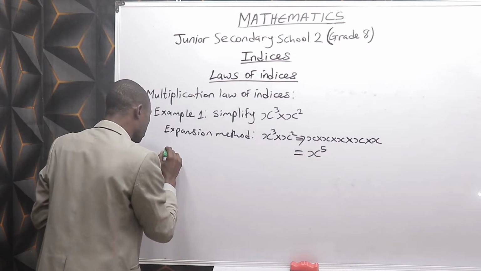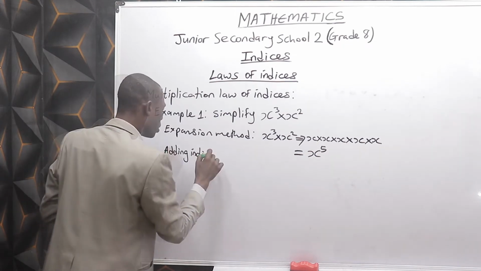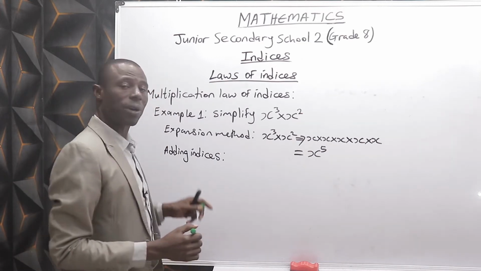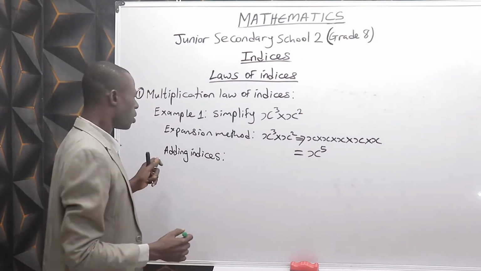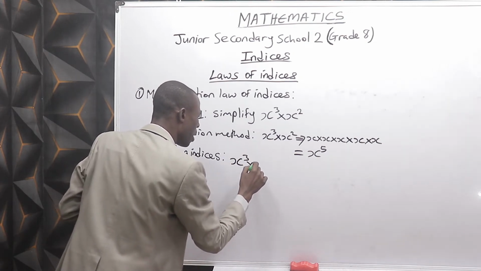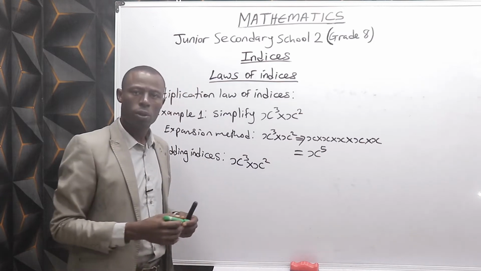Another method is adding indices. The method of adding indices. I bring the question down, x raised to power 3 times x raised to power 2.